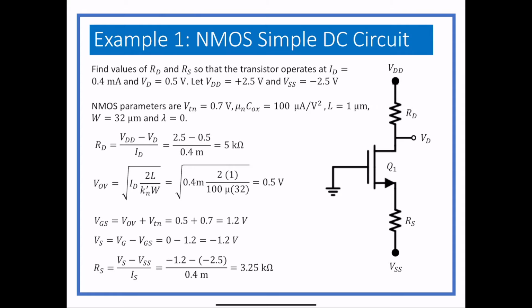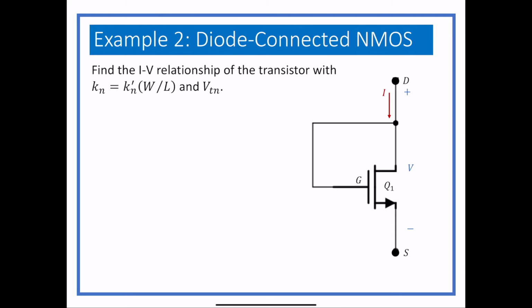So the next thing we're going to look at is something called a diode-connected NMOS. And as you'll notice, this is one of these circuits where everything's kind of the same. We sometimes use Kn without the prime, and that just means Kn prime times W over L, so it bumps all of those constants together.